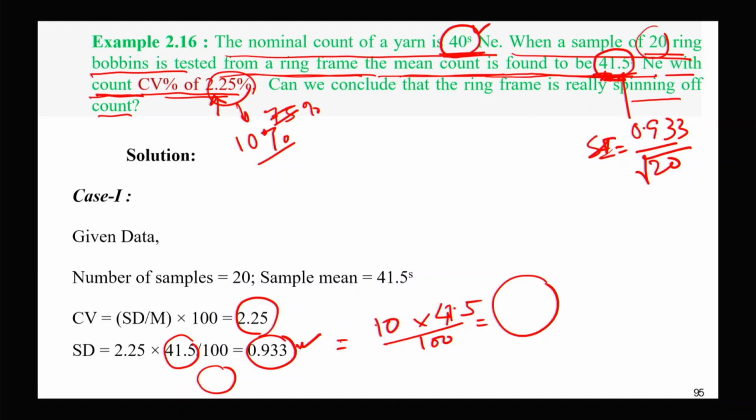The standard deviation will be 4.15, and the standard error in this case will be 4.15 divided by the square root of 20, which is 0.92.